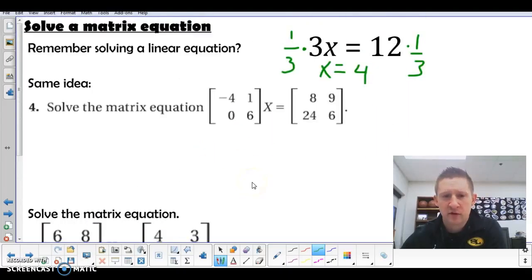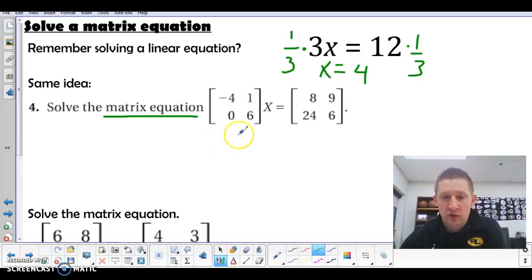Fantastic. Now, what we're going to do to solve this matrix equation, because notice instead of a lowercase x, it's capital X. It means the answer is a matrix. One matrix times another equals what you see here. Well, I can't divide by matrices. That doesn't work. So instead I need to multiply by the inverse.